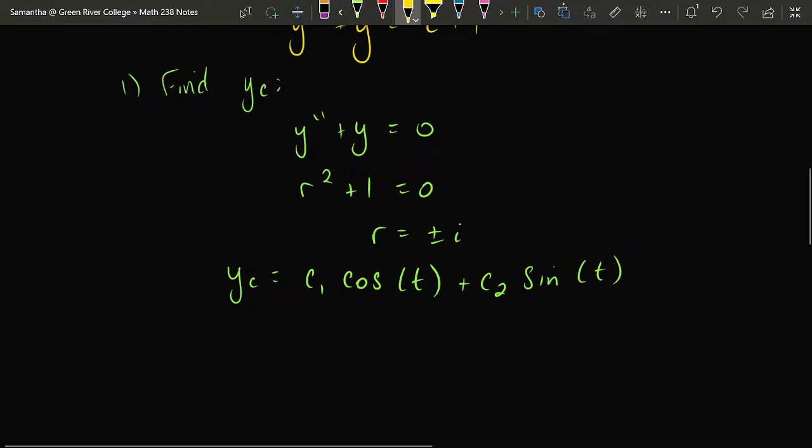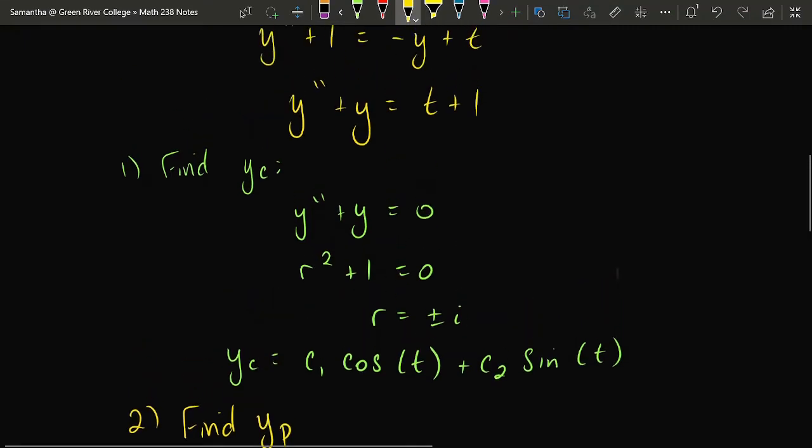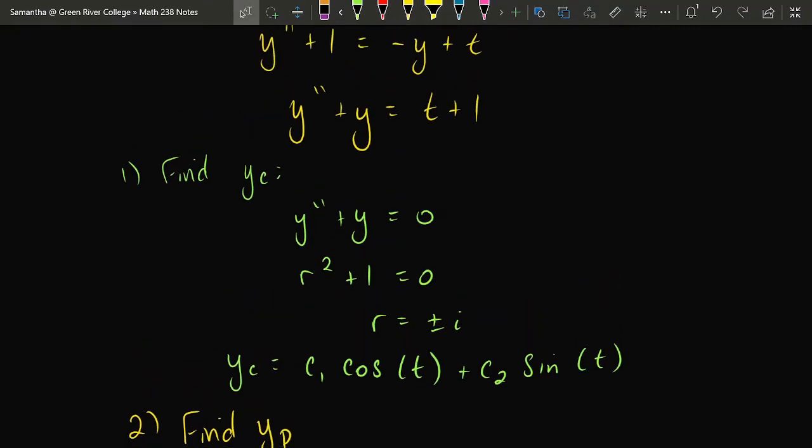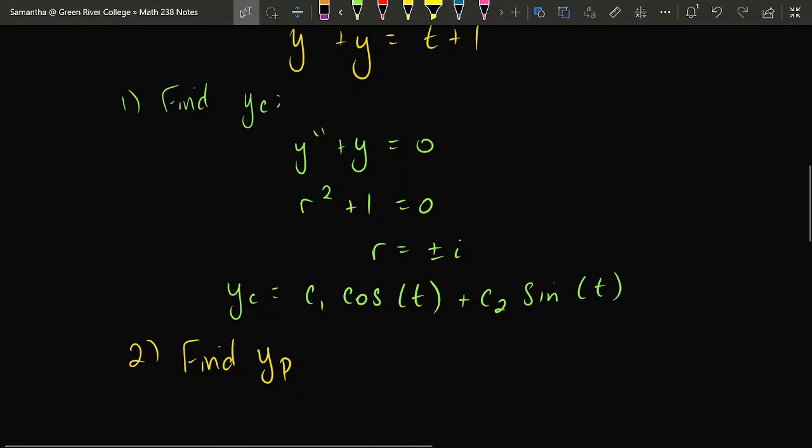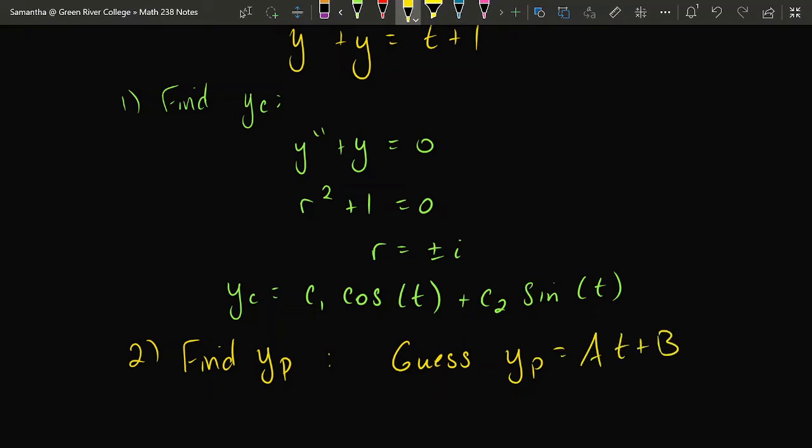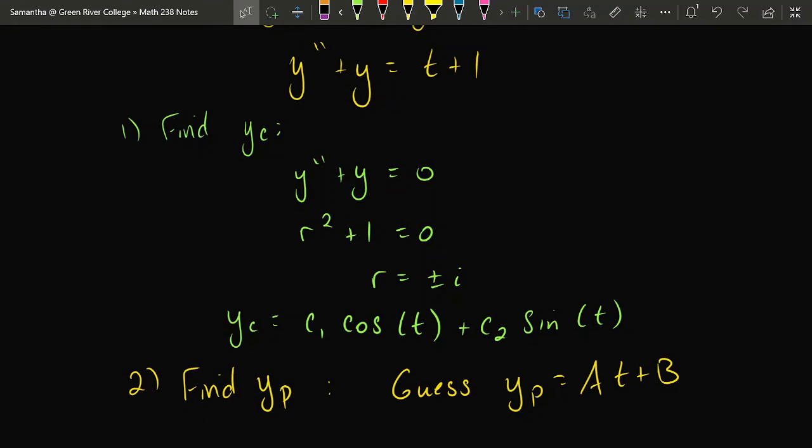The next thing that we would do is find a particular solution. Because we have constant coefficients on the left and a polynomial on the right, we can use the method of undetermined coefficients and guess that yp is also a polynomial of degree 1. And be careful, once again, we need to remember that t is the input variable in this problem. We cannot use x for the input variable because x is being used for the other output variable in this problem.